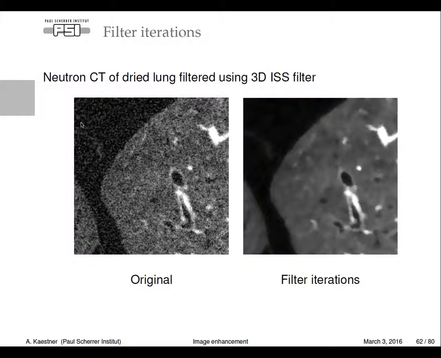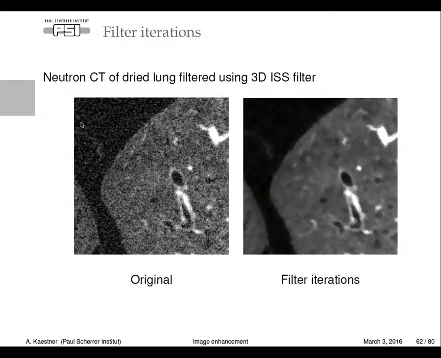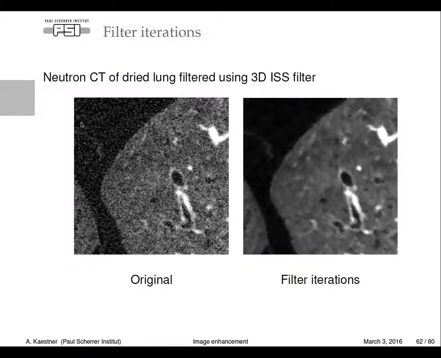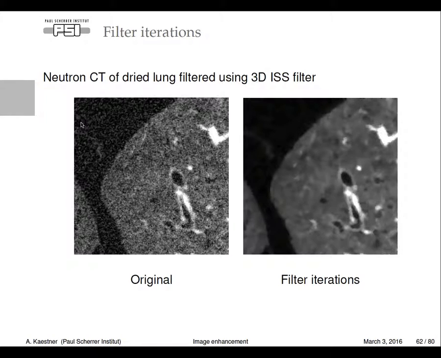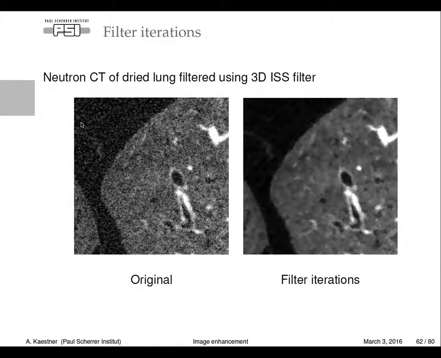You can see in this piece of lung, which was noisy and very low density in the beginning, it's possible to filter it. You can see the edge here is very sharp. I'm over-smoothing a bit around this place, but this also shows that you can over-filter if you don't watch out.